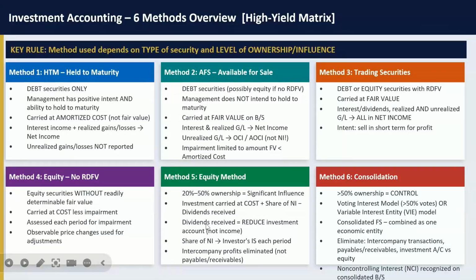You should treat yourself as the owner. If they are paying dividends, that is decreasing their net income. Okay. And you will be reducing your investment. Then share of net income goes on the investor's income statement each period. So your net income you can directly calculate from your share of net income, according to percentage of ownership.